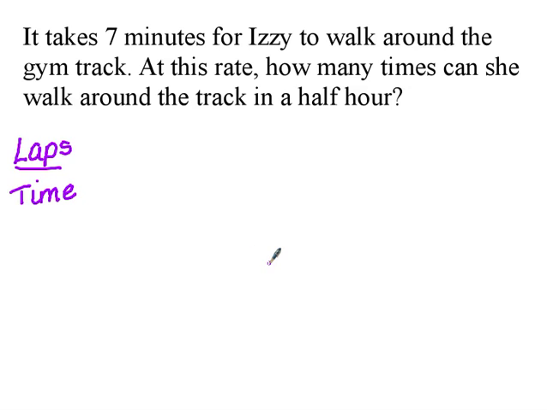So let's start with the first sentence. The first sentence tells me that Izzy can walk how many laps? 1 lap in how many minutes? 7 minutes. Now, one of the important things is that you need to keep your labels consistent. So then it asks me how many times can she walk around the track in a half hour.